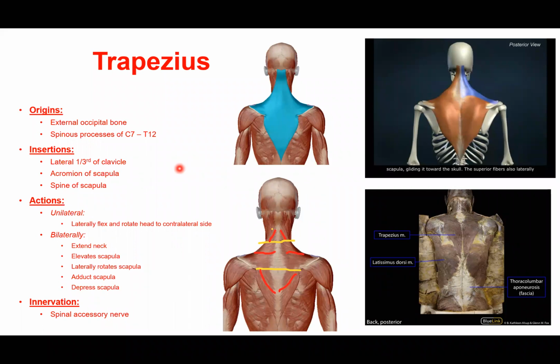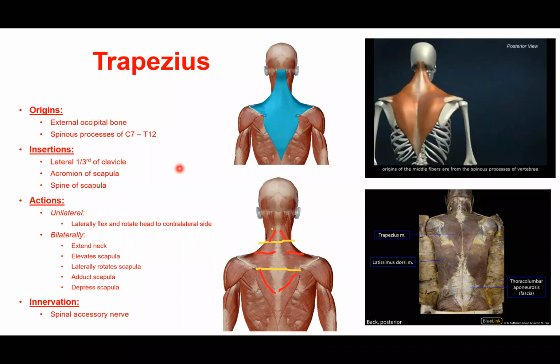The superior fibers also laterally rotate the scapula upward. With the insertion fixed and the muscle contracting on one side only, the superior fibers laterally flex and rotate the head and neck to the opposite side. With the insertion fixed and the muscle contracting on both sides, the superior fibers extend the neck. The superior fibers are innervated by the spinal accessory nerve.